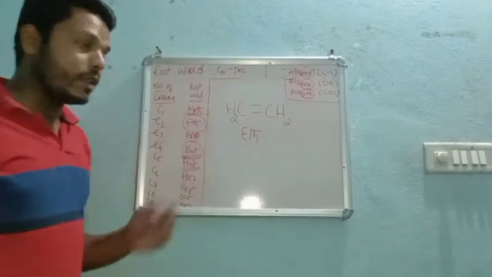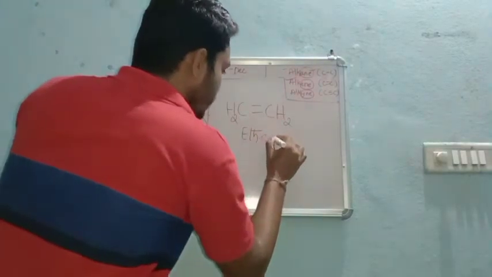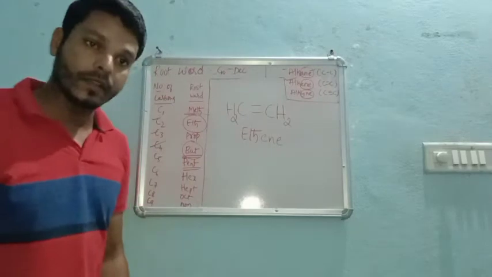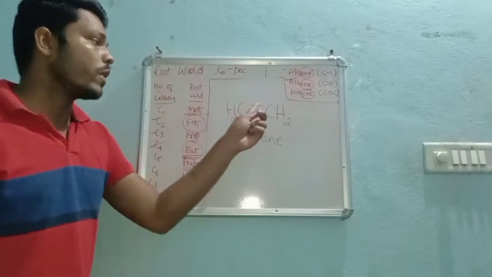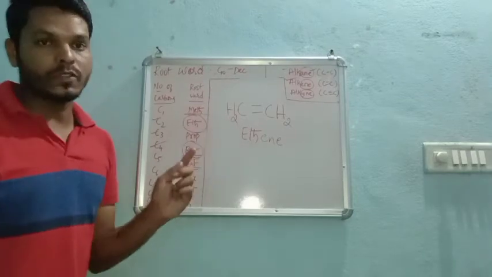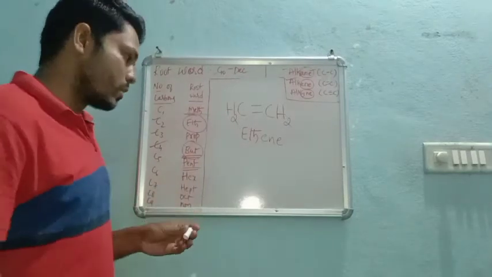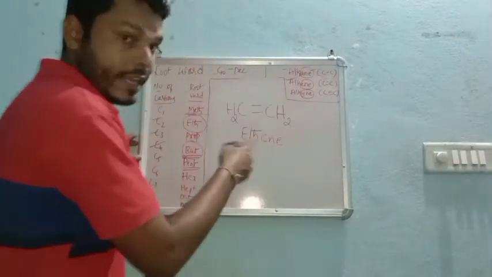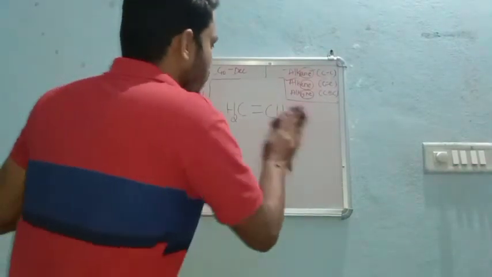So now add ene and you will get the compound name. What is this? Ethene, right? That is how we can name unsaturated compounds. We will have some more examples. Clear? Okay.